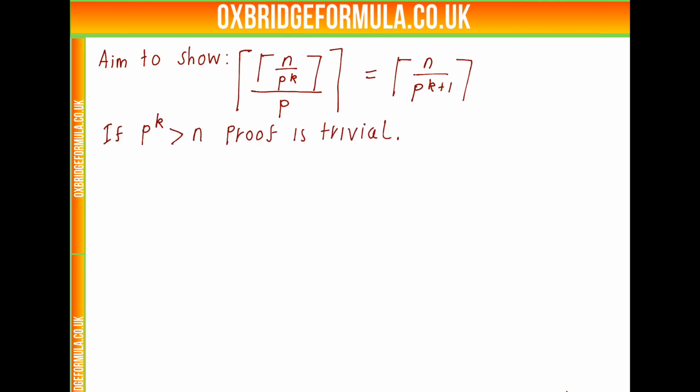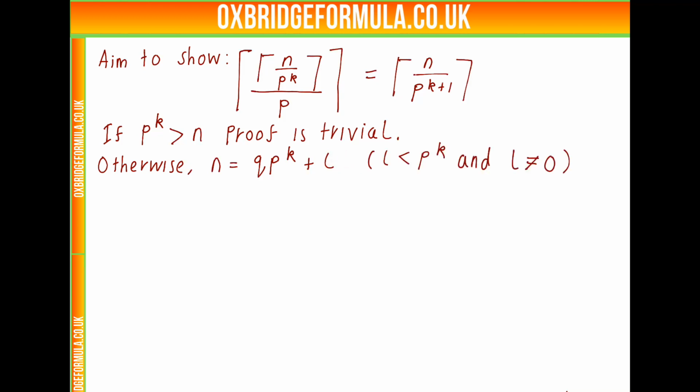So, firstly, if p to the k is bigger than n, we're done, and this is fairly trivial, because this number will be less than 1, and this number will be 1 over p, which is less than 1, so the ceiling of it will be equal to 1. So they'll both be 1 if this is the case, and so we're done. So let's suppose this isn't the case. Otherwise, we can write n is equal to q p to the k plus l, where q is some integer, and l is less than p to the k.